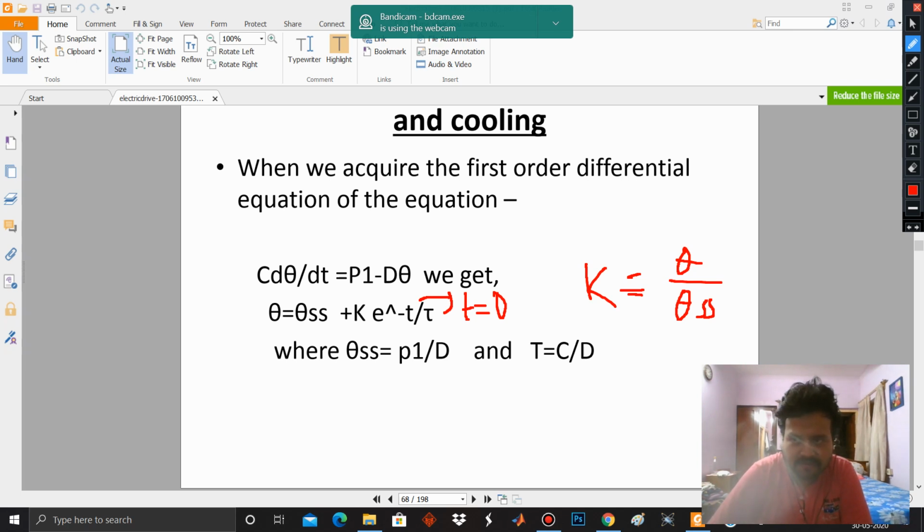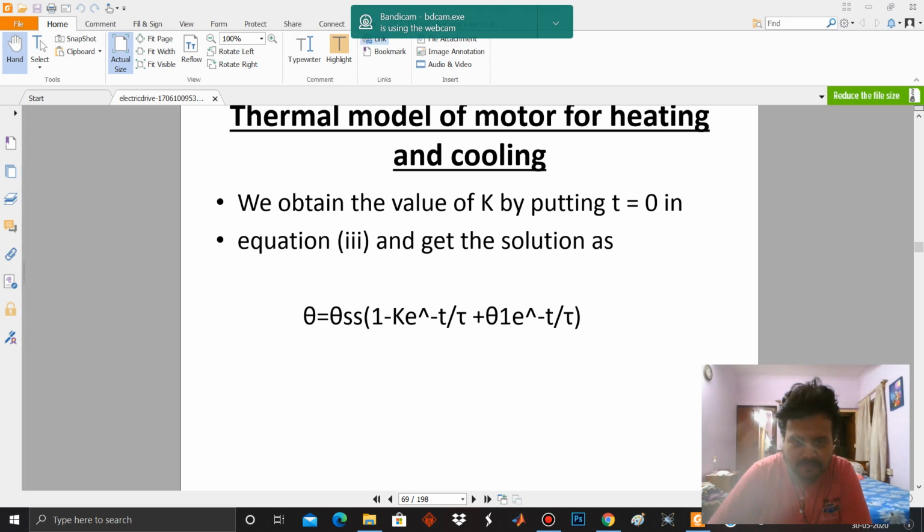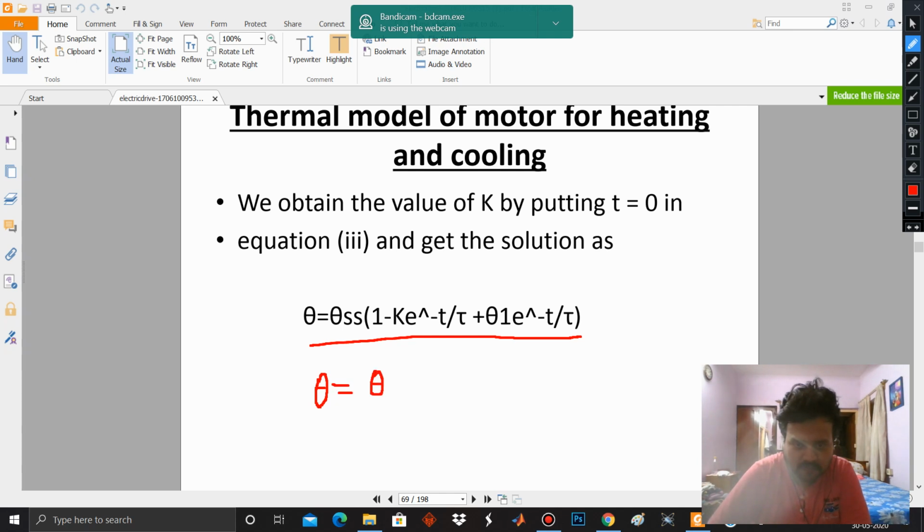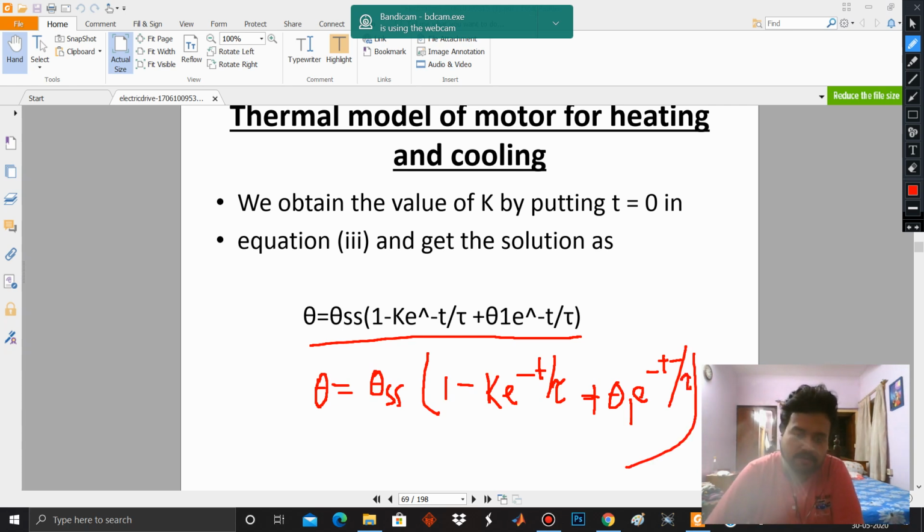Now if you substitute this, you will get this particular value. So theta is equal to theta ss into 1 minus e to the power minus t by tau plus theta 1 e to the power minus t by tau. So this is the solution of this equation.